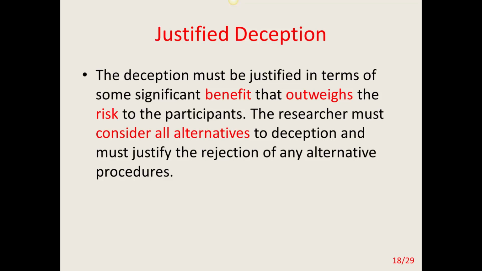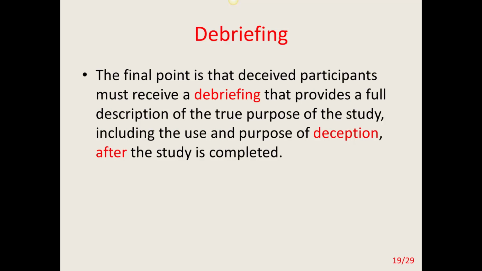So, are we allowed to use deception? According to APA, yes. You can do it, but only if the benefit of your research outcome is significantly higher than the risk for the participants. And you have to make sure that you consider all other alternatives before you decide to use deception. If you use deception, you don't simply let your participants go before you tell them the truth.